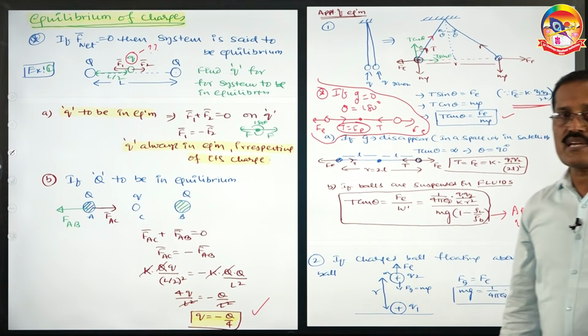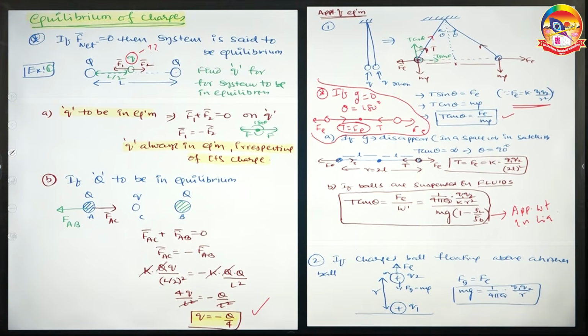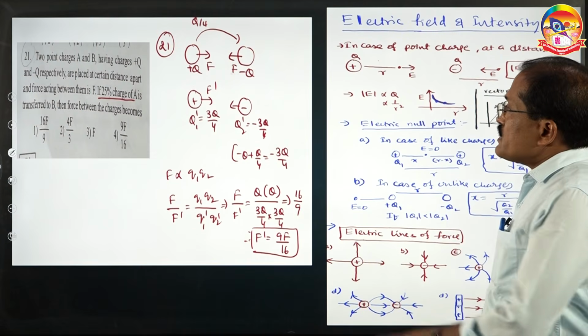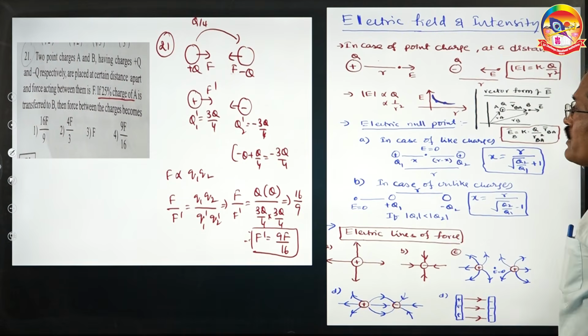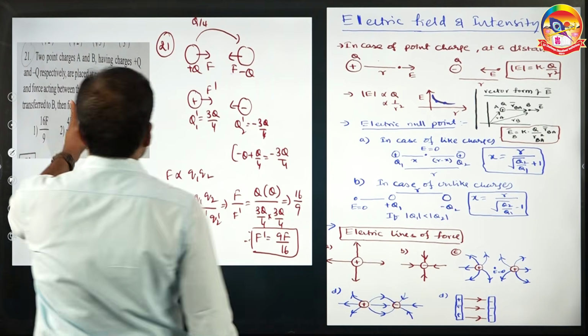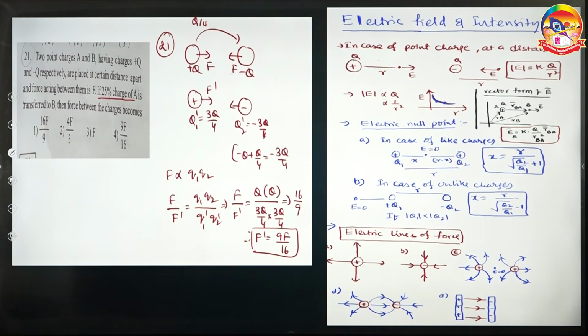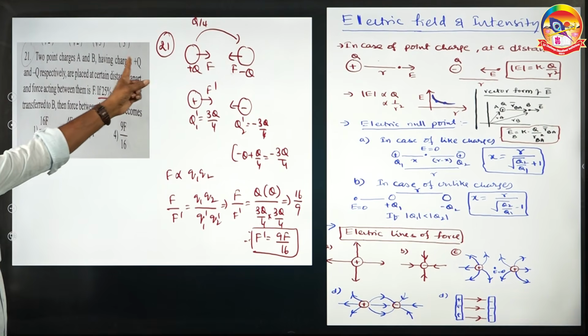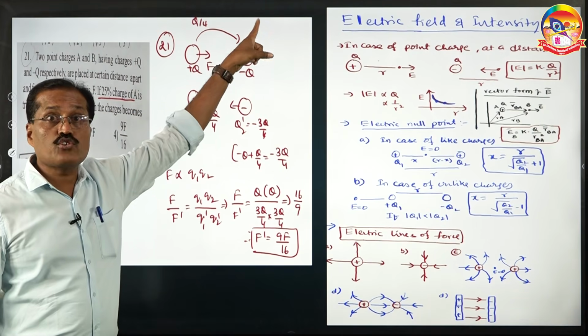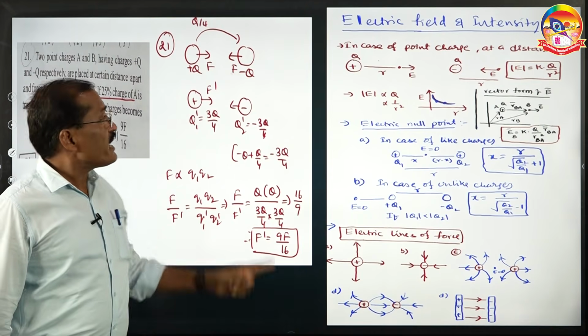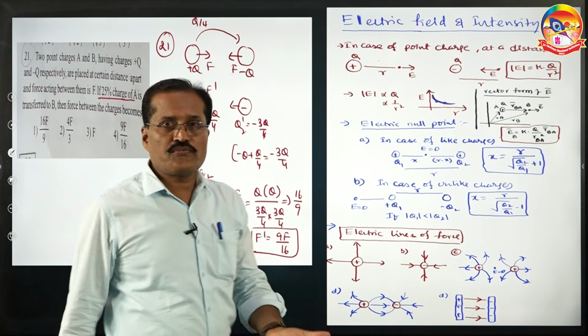Now we will go to the next application, the next case. This is also one of the important problems in Coulomb's law. Two point charges plus q and minus q are placed here, and they are under the influence of a certain force F. If 25% of the charge is transferred from here, that is q by 4 charge is transferred to this one, how much charge is left? 3q by 4.